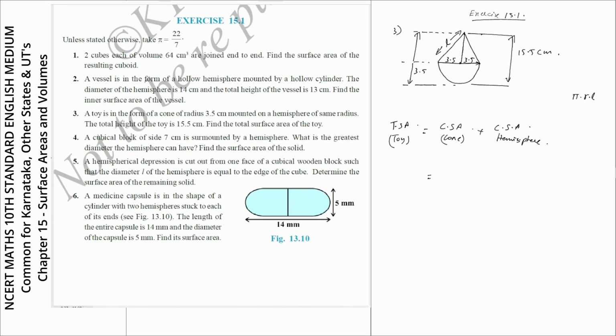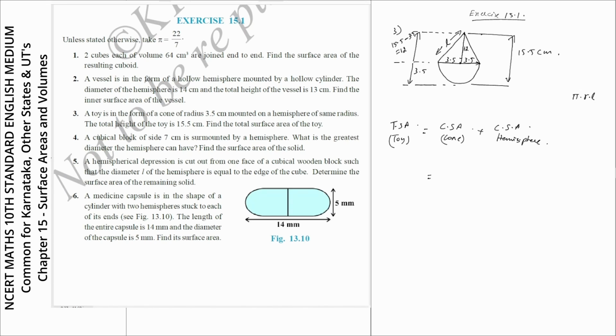Height of the cone will be 15.5 minus 3.5, so this is 12. So height of the cone is 12. So now what is L?